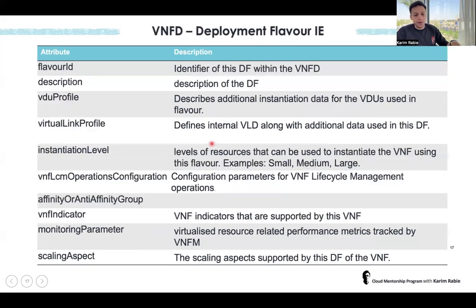This is the deployment flavor. For example, when you start to say what is the number of VMs that you want to instantiate, that is what you see in something called instantiation level. So do you need 2 VMs, 4 VMs, 6 VMs? Scaling aspects: how you do scaling for those VMs.